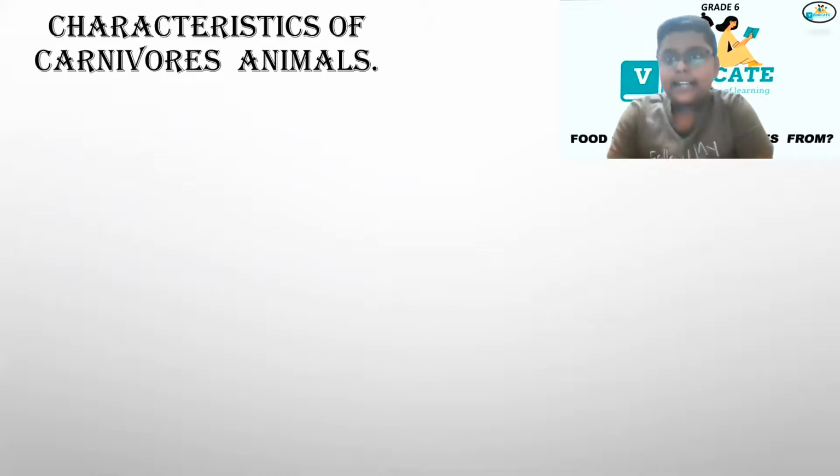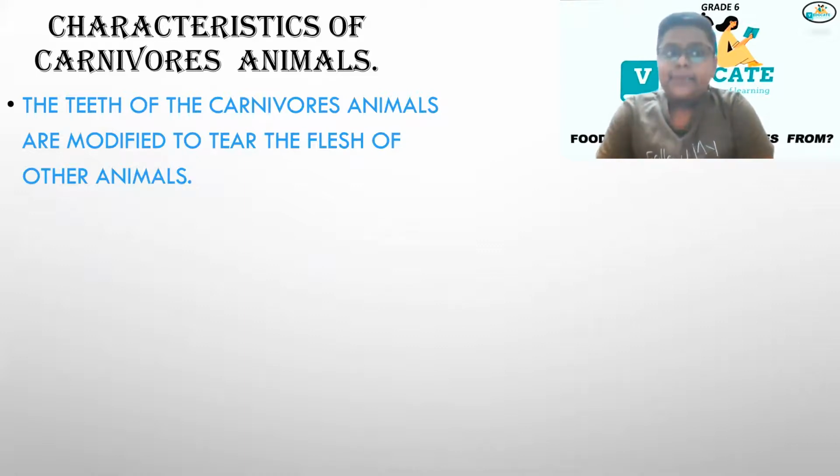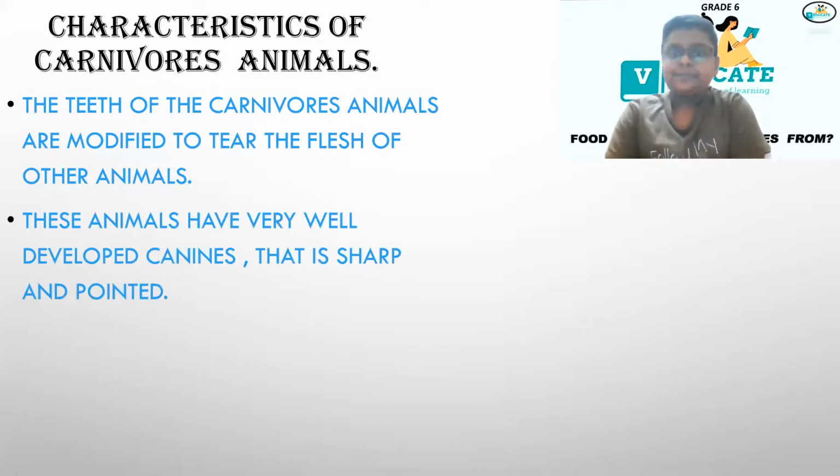Characteristics: how they are adjusted to only eating the flesh of other animals. The teeth of the carnivorous animals are modified to tear the flesh of other animals, which is very rough and tough.